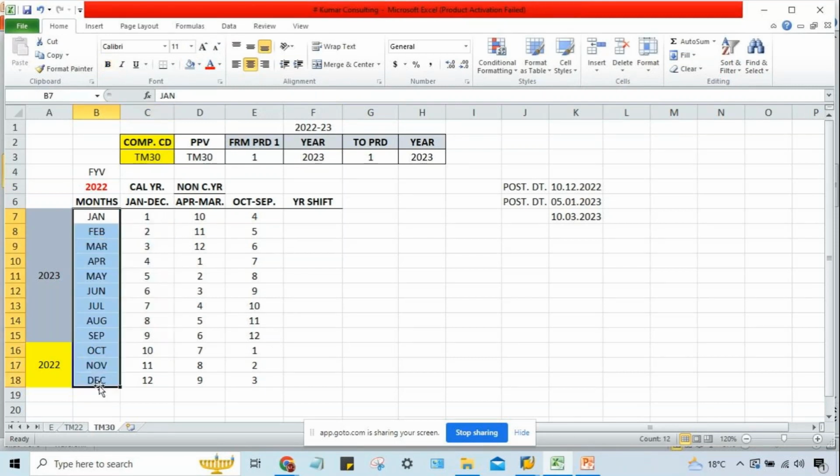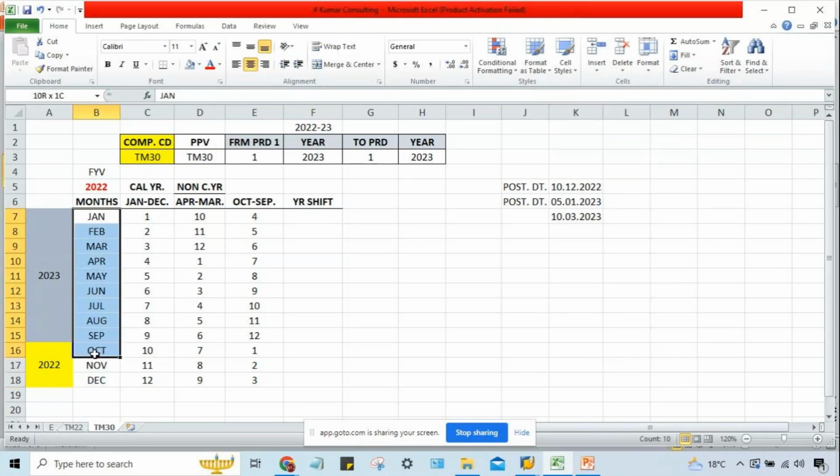But the client is saying that these three quarters are 2022, while this one quarter, October to September, falls under 2023. Are you guys able to understand? Try to understand, guys.